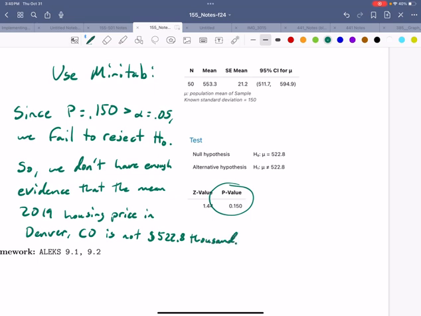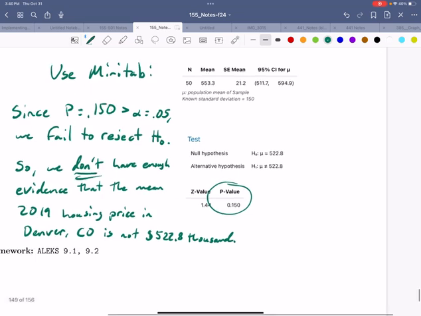Right, now again, I don't love the double negative, right? We don't have enough evidence that it's not that, but we have to say it that way. We fail to reject, right? That's how this works, okay?